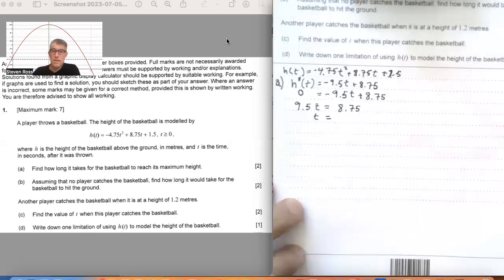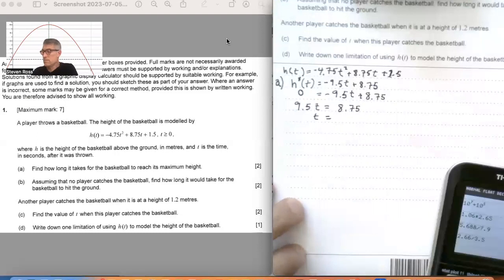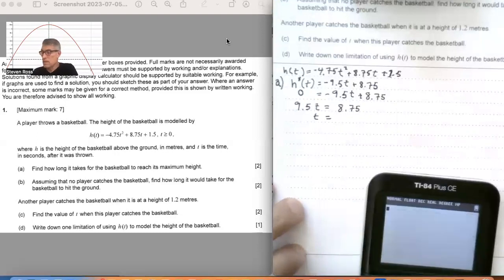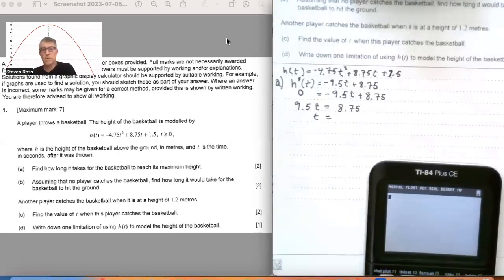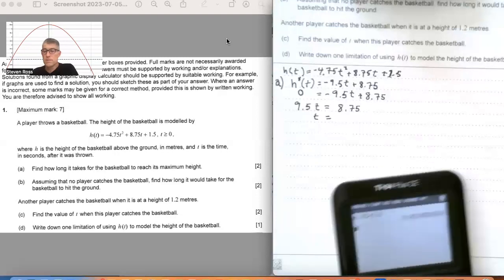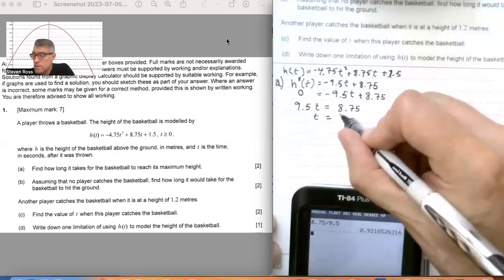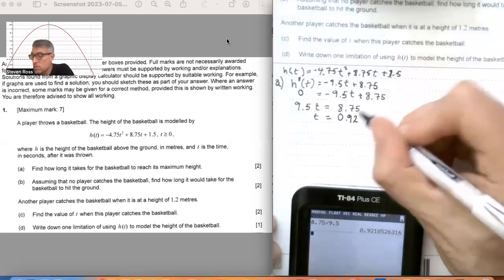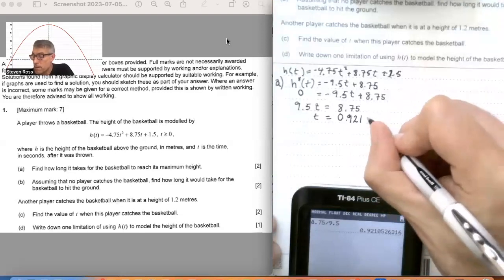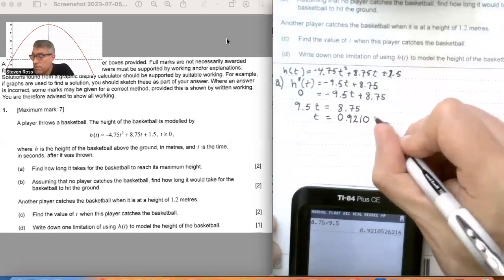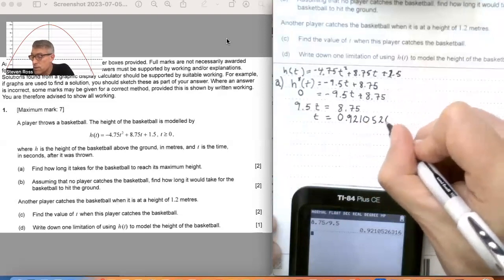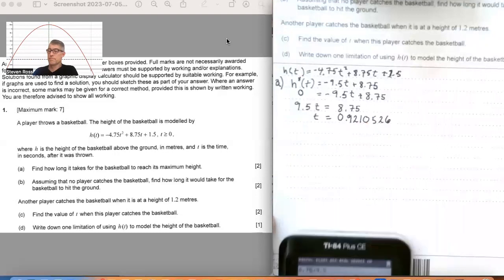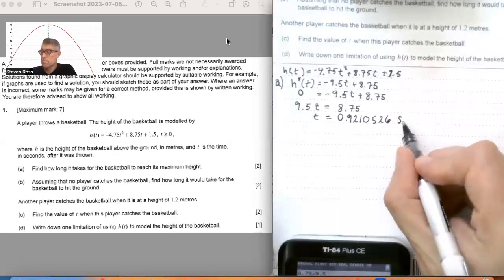So let's find t now. Let's just plug it in, and t is equal to 8.75 divided by 9.5, which is 0.9210526 seconds.